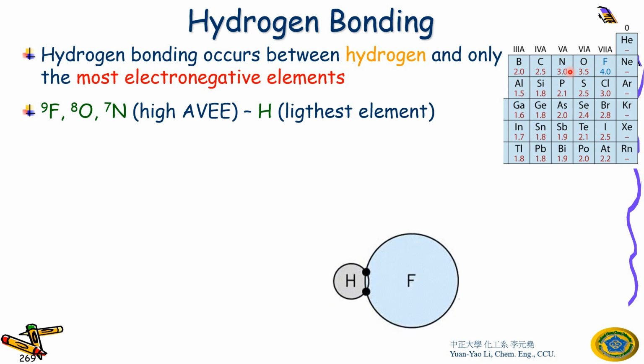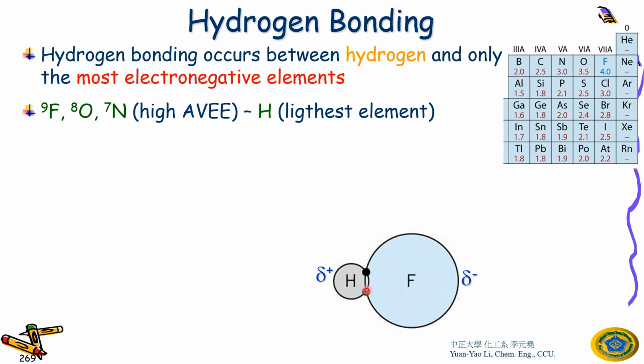Why? Because these three elements like electrons very, very much. So like fluorine and hydrogen, the electron will be very close to the fluorine, so there's almost no electron at the hydrogen. So the dipole will strongly go this way, right?